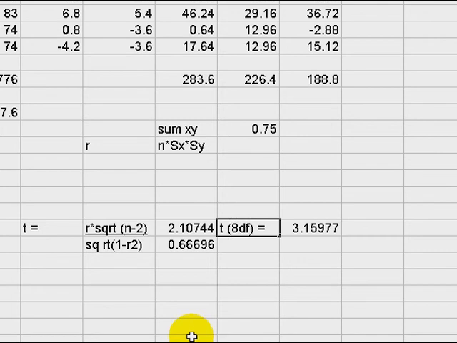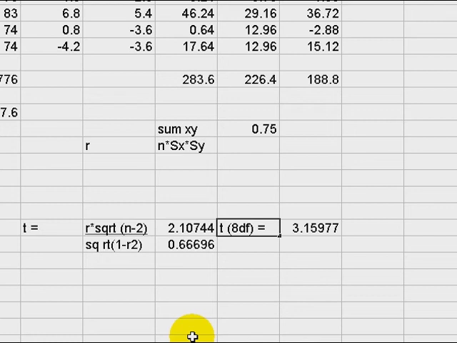And so if you go to your textbook in Appendix A, and it would be Appendix A3, a 0.05 with 8 degrees of freedom, the critical value then is 2.306. So in this instance, you ask yourself, is the obtained value of 3.16 greater than the critical value of 2.31?